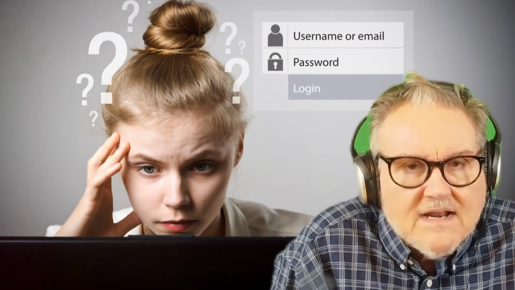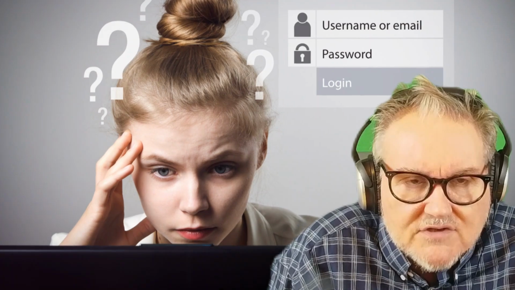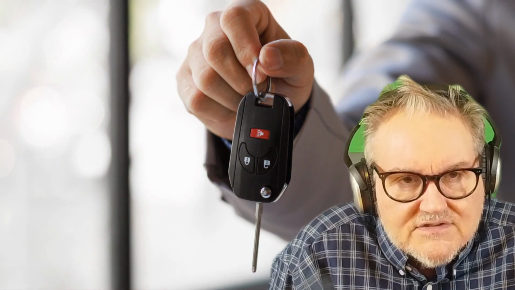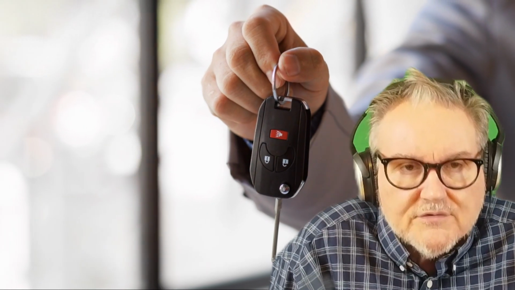So you say, I don't have a key. And so what happens is you log in with your Microsoft account, and because you logged in on this computer to your Microsoft account before, it then attaches that key to your new computer. So you now don't have to worry about the key on the back of the computer.